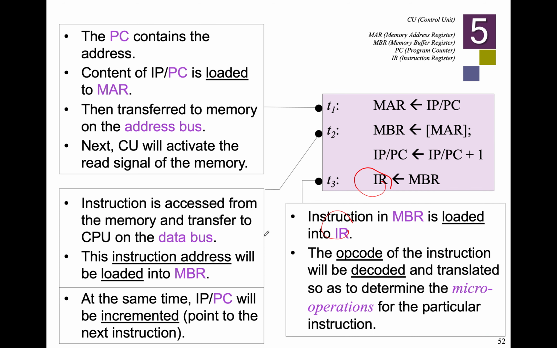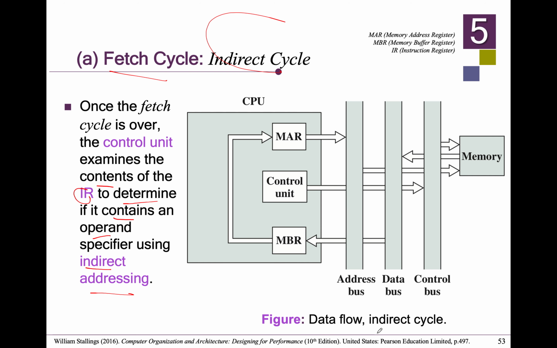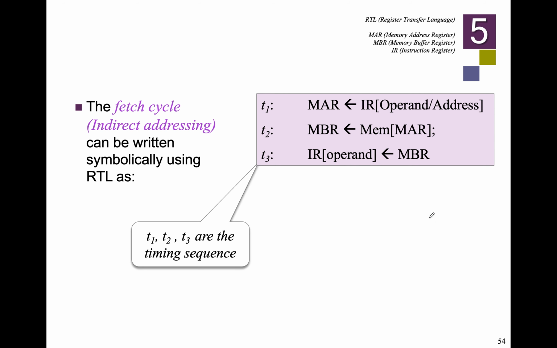Then if you have the indirect cycle, what will happen is you're going to check back your MBR and then go to your MAR, go back to your address and so on. Later on you will see the flow. So please be patient. Okay, this is the flow.